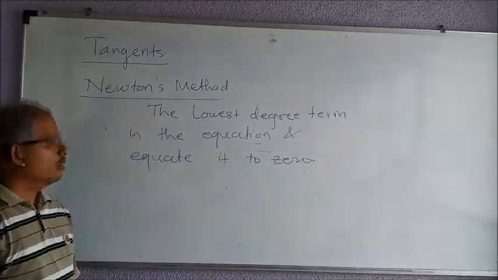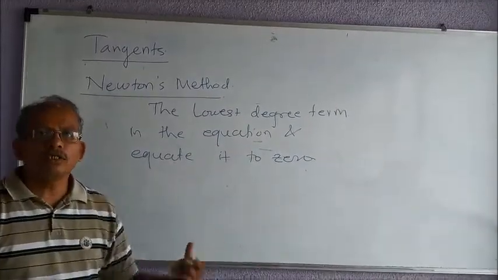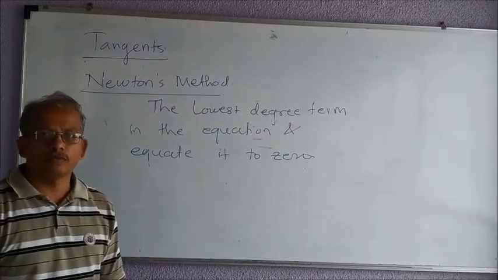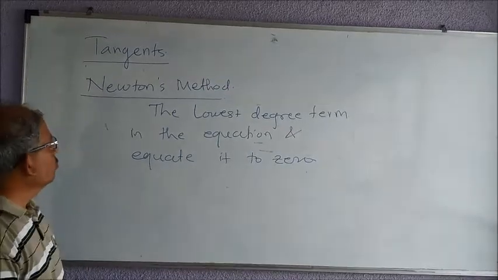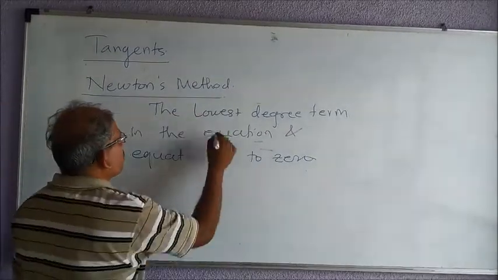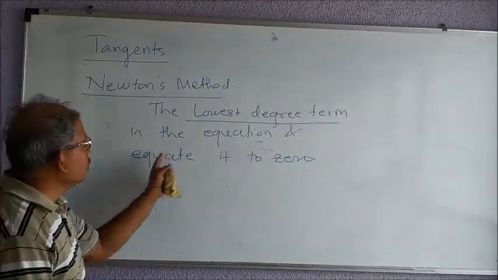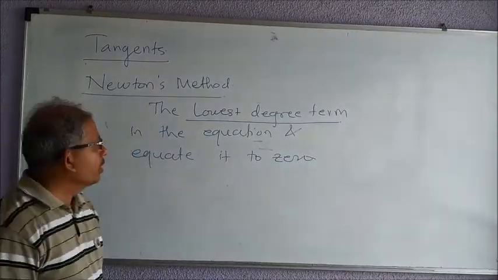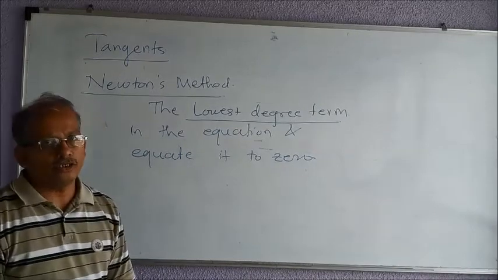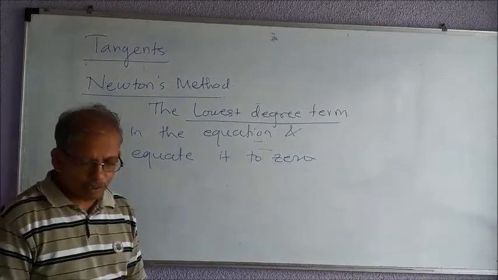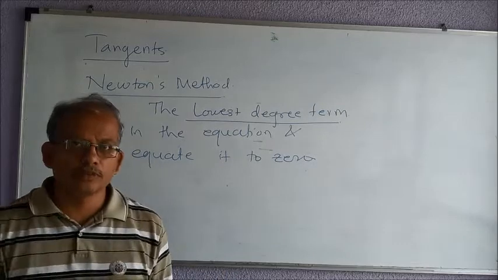This equation will give you the equation of the tangent to the curve. It's a very simple method. So the lowest degree term, please remember this. The lowest degree term in the equation, you equate it to 0, and that will give you the equation of the tangent. This is called Newton method. We'll see the illustration of this.